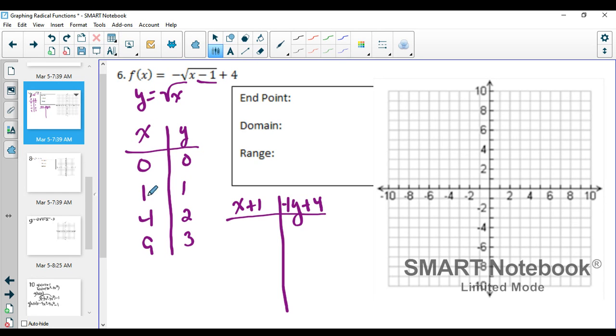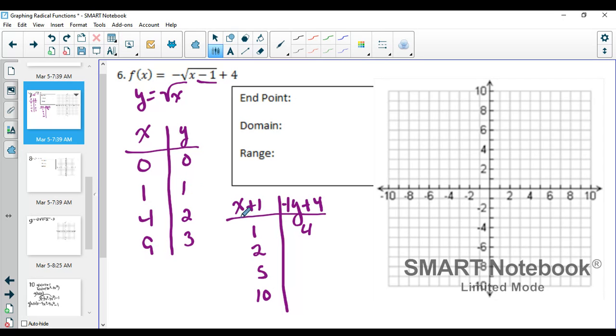So now we're going to take these x values and add 1 to them. So 0 plus 1 is 1, 1 plus 1 is 2, 4 plus 1 is 5, and 9 plus 1 is 10. And then we're going to take these y values and perform these functions. So -1 times 0 is still 0. 0 plus 4 is 4. 1 times -1 is -1.